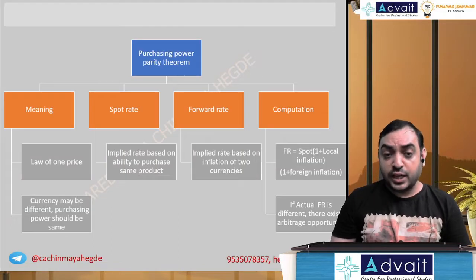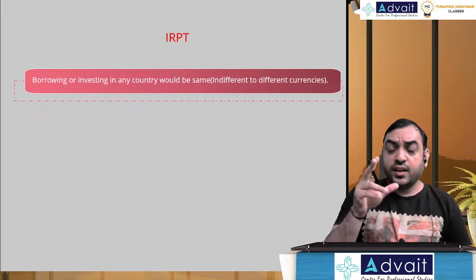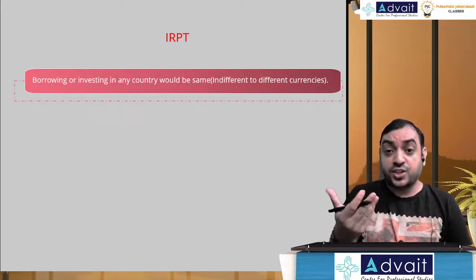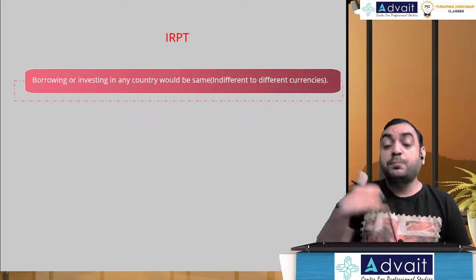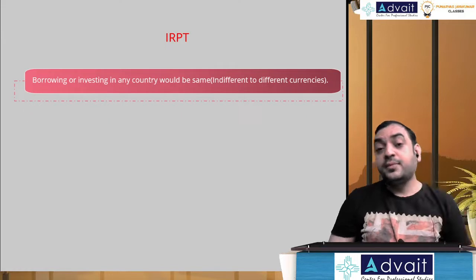Now I'll go to the interest rate parity theorem. Let me quickly cover that as well. What is the interest rate parity theorem? Just like purchasing power, where the ability to purchase should be the same in two countries, IRPT talks about the money market.